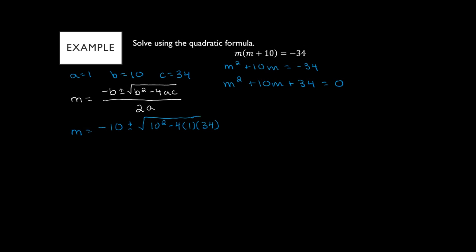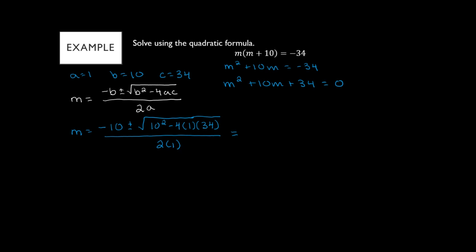So a times c, and I need to make sure I draw my line all the way, entire fraction, and then 2 times 1. So doing the quadratic formula is a very tedious process. It does get old doing it on multiple problems, which is why I suggest quicker methods whenever possible.